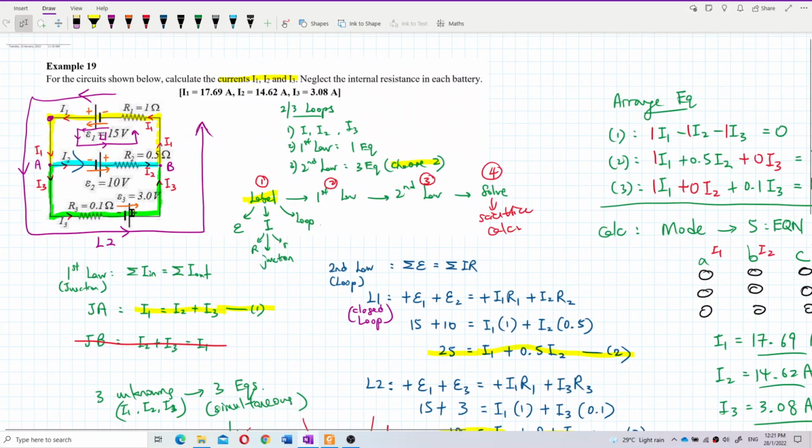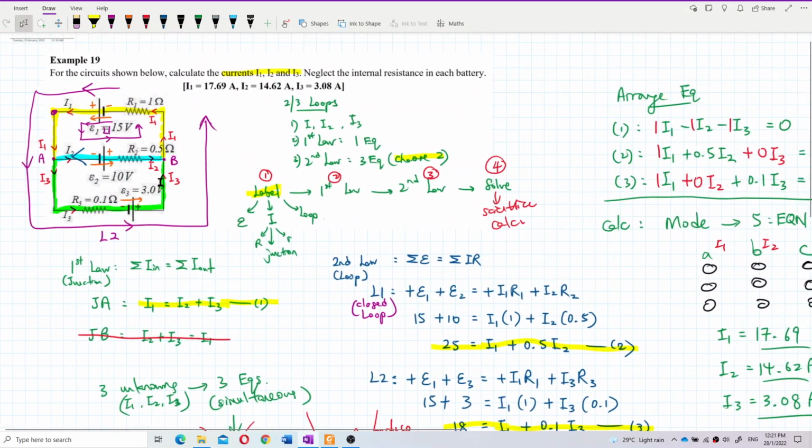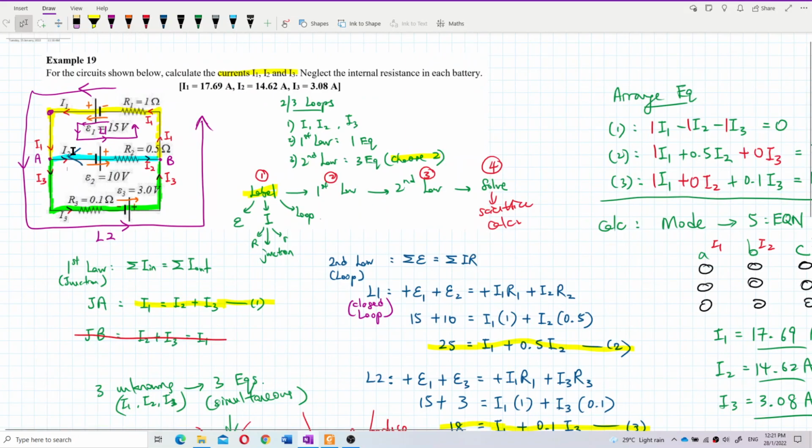You confuse the examiner. If you draw wrongly, leave your diagram like that, and let the final answer tell the examiner the actual current direction. Don't ever change your drawing.